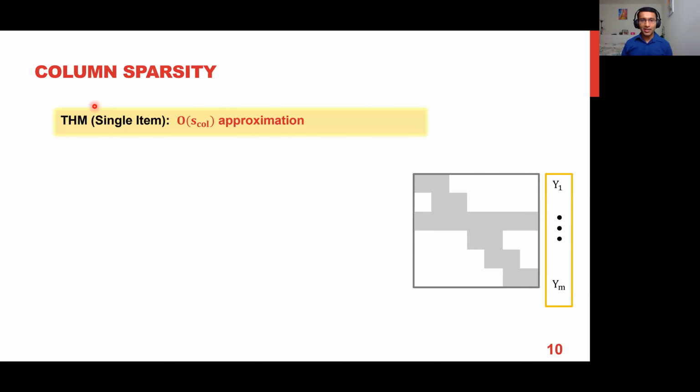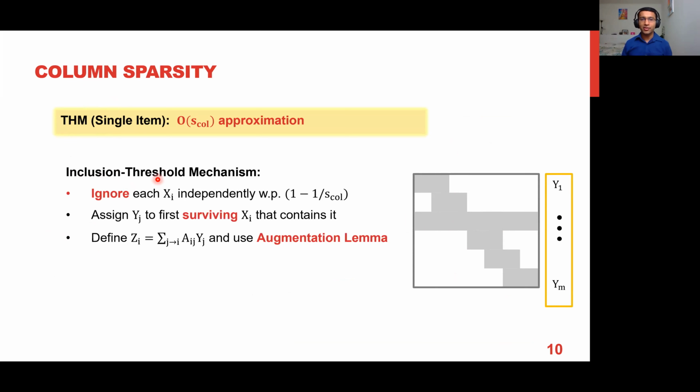First, the column sparsity case. Remember, in column sparsity the row could be large, but each column has, say, constant sparsity. Here our high-level idea in this inclusion threshold mechanism is to ignore each x_i, the next item, with a decently large probability, say 1 minus 1 over s_col. Since s_col is a constant, there is still some constant probability you're considering this item. Whenever you get a feature, you assign it to the first surviving x_i.